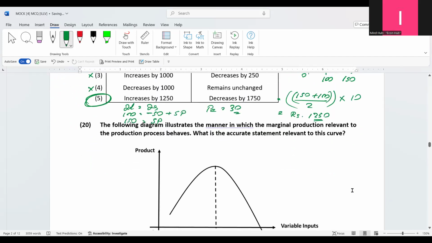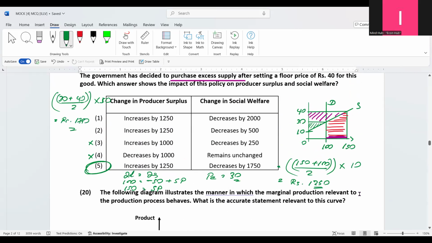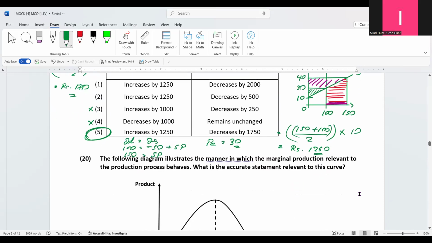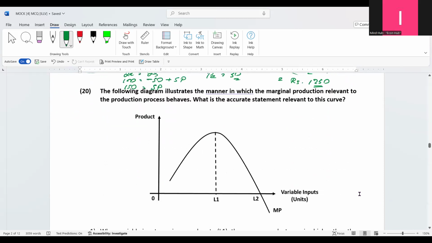Question 20. The following diagram illustrates the manner in which marginal production relevant to the production process behaves. MP curve is given.